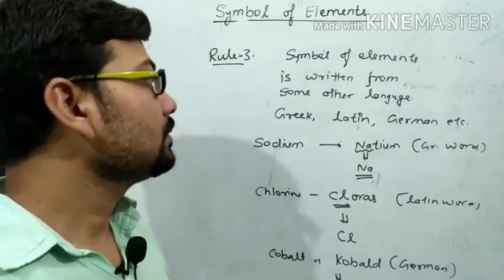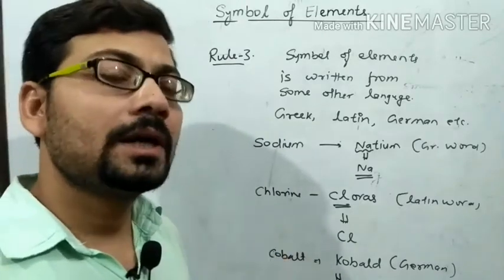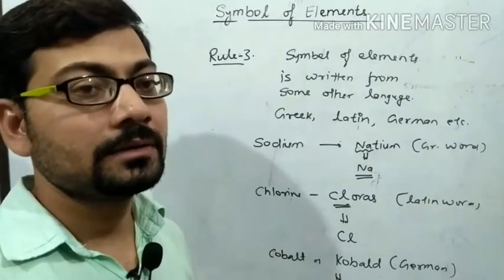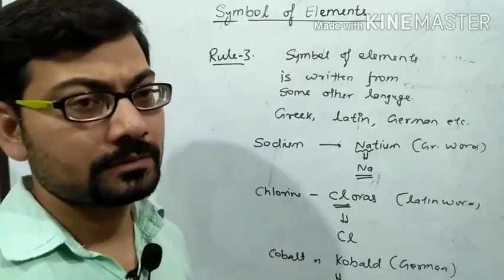Now I make a table for the symbols of elements having atomic numbers from 1 to 30. Let's see.